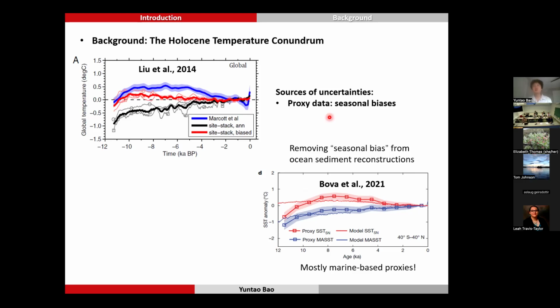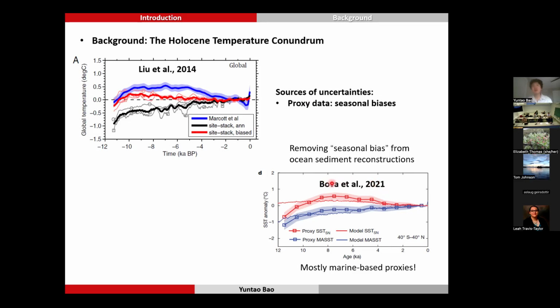So their signals will naturally be biased toward these warm seasons. So the temperatures reconstructed from these proxies may only represent the warm seasons instead of the annual mean. This is a problem. After the conundrum was proposed in 2014, there have been more efforts to reconcile the model and data.